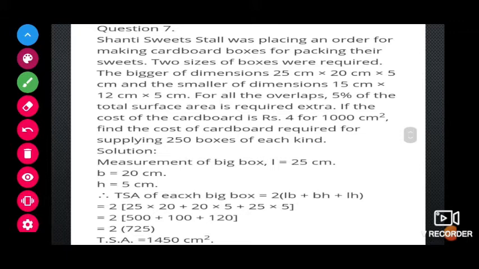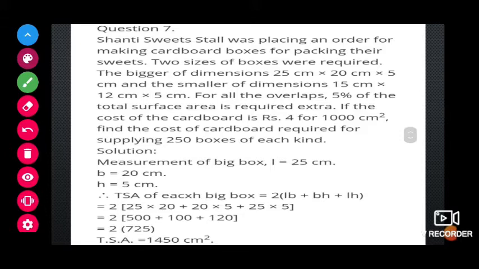Next, question number 7. Shanti's sweet stall was placing an order for making cardboard boxes for packing their sweets. Two sizes of boxes were required. The bigger of dimensions 25 centimeters, 20 centimeters, 5 centimeters, and the smaller of dimensions 15 centimeters, 12 centimeters, and 5 centimeters. For all the overlaps, 5% of the total surface area is required extra.